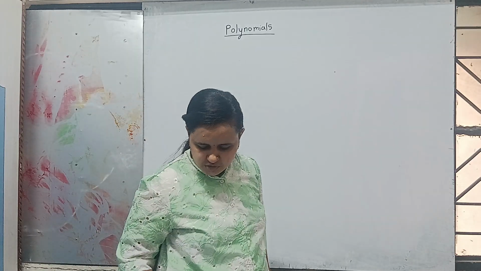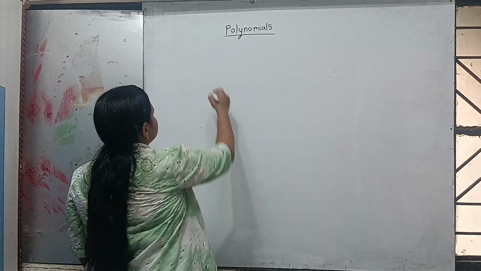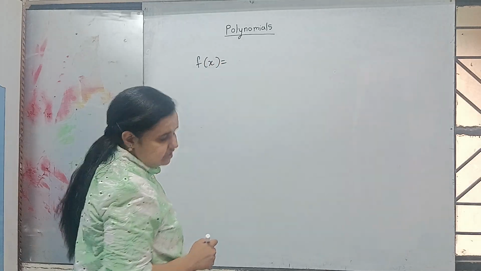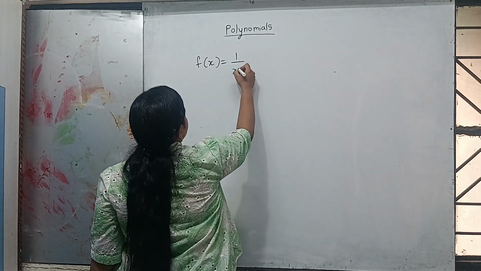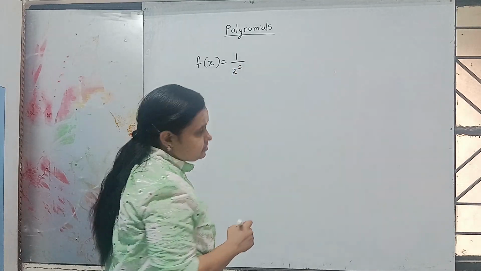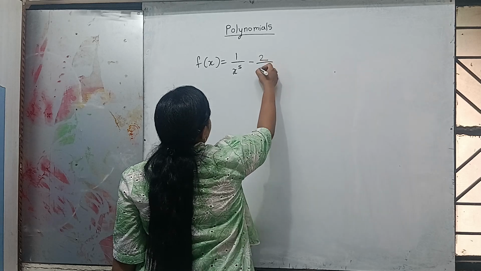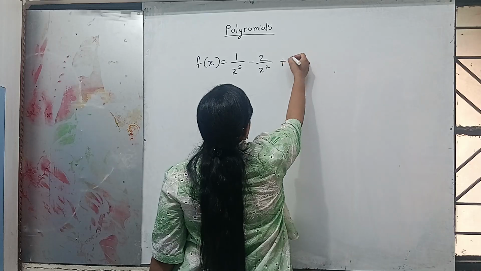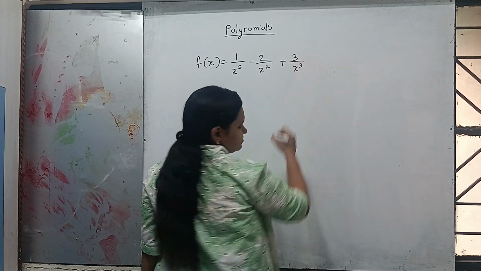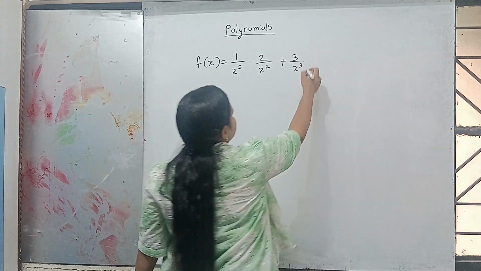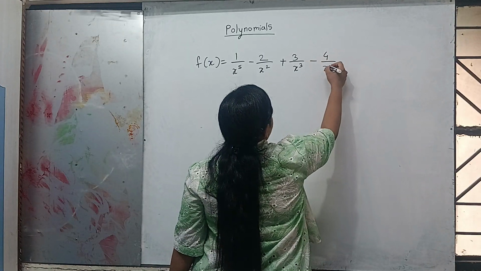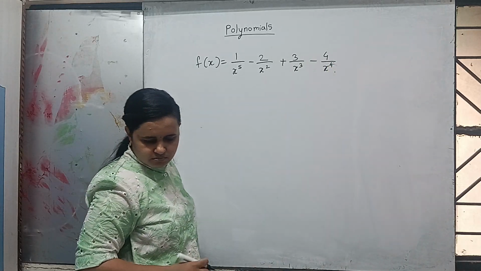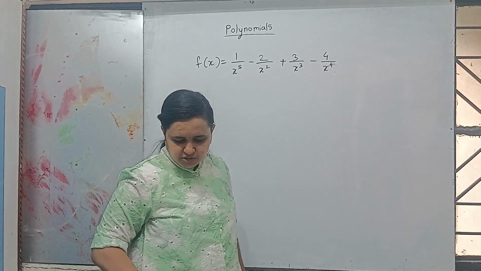Now next question, the expression f of x equals 1 upon x to the power 5 minus 2 upon x square plus 3 upon x cube minus 4 upon x to the power 4.